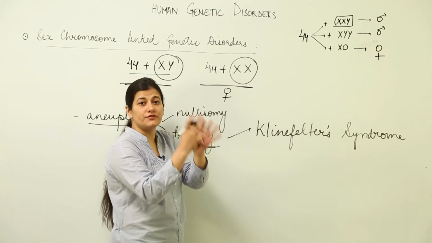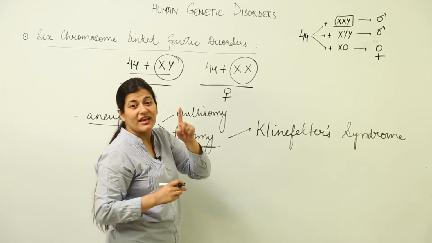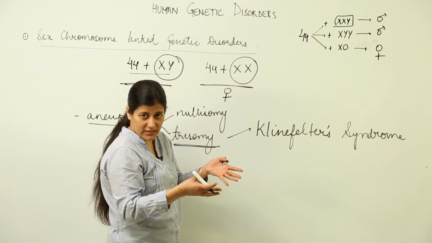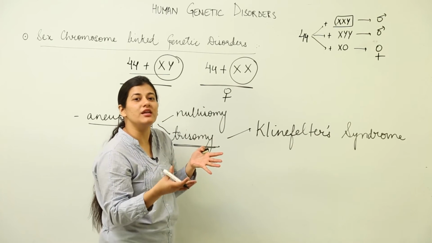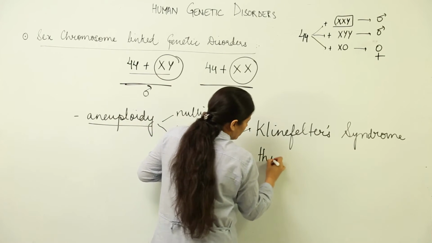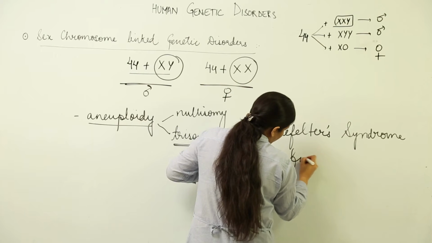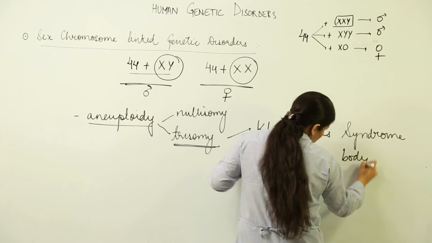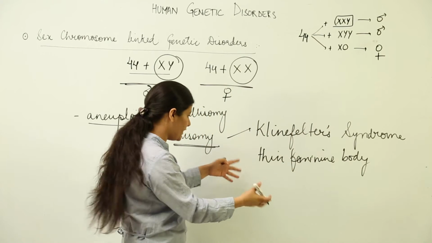Because of the presence of 2X and 1Y, the characteristics of such a patient are like this: it has a masculine body, but it has feminine characteristics. The stature is thin feminine stature, though it is a male body.